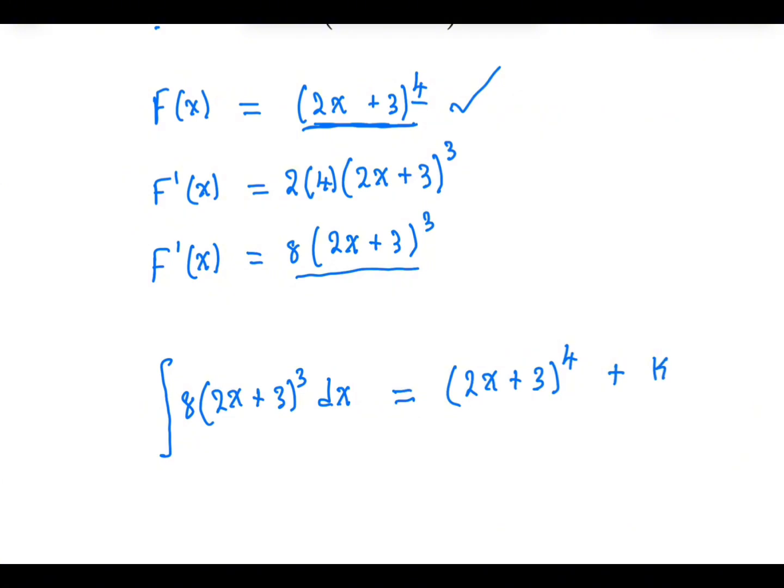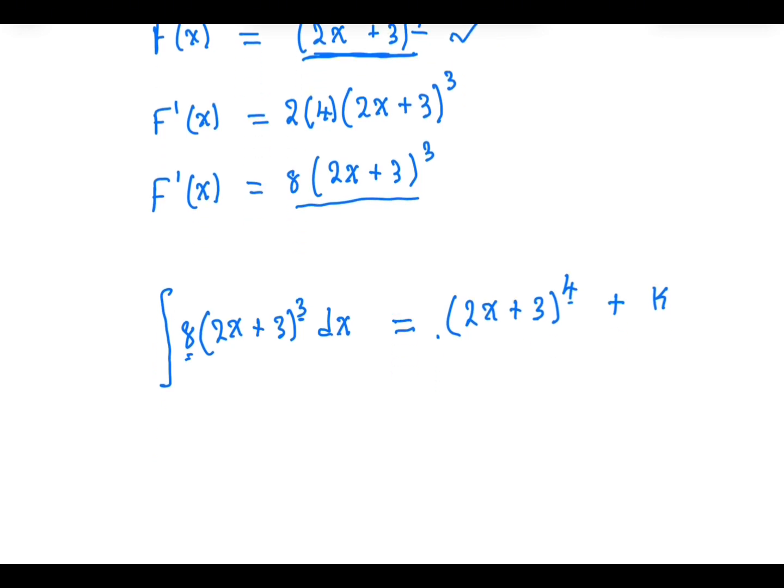Now, how is that possible? You see here that the coefficient is 8. Here, the coefficient 8 is gone. And the exponent here is 3. Here, the exponent has been increased by 1. Now, it becomes 4. So, this simply means that if we multiply this by 1 over 8, then here, this should be 1.